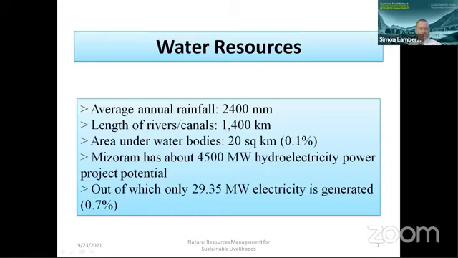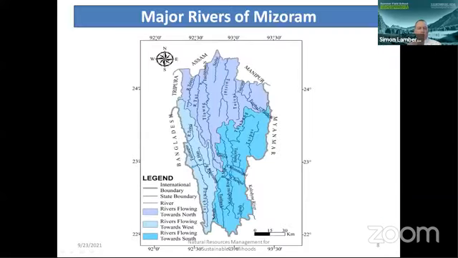Mizoram has a potential of 4,500 megawatt hydroelectric power projects. But out of this much potential, they are generating only 29.35 megawatt of electricity. This is only 0.7% of the total potential they have.